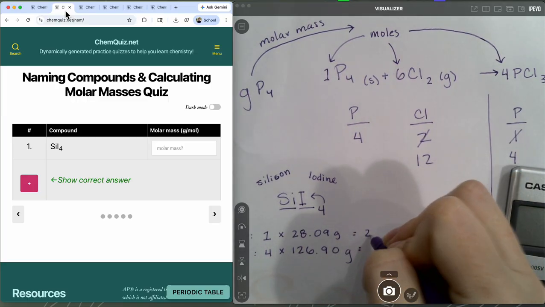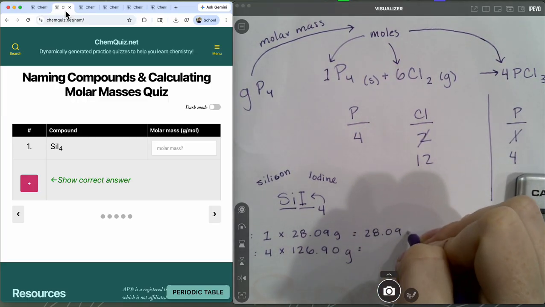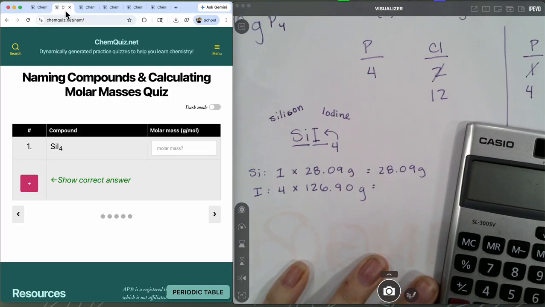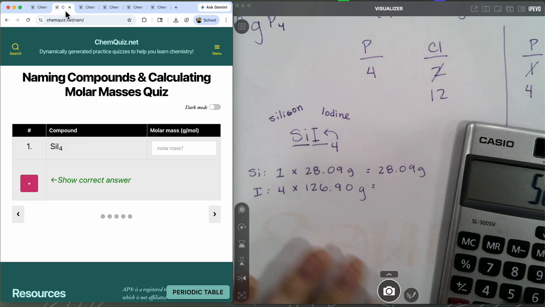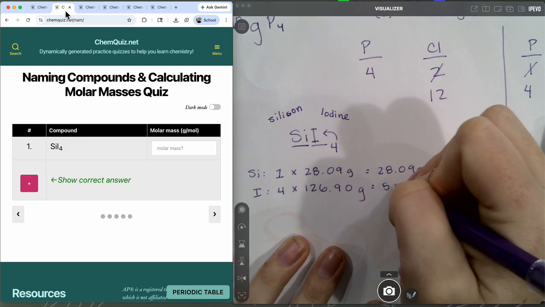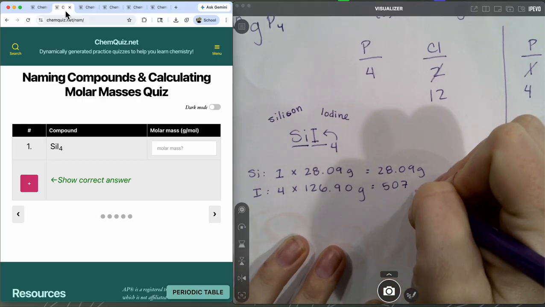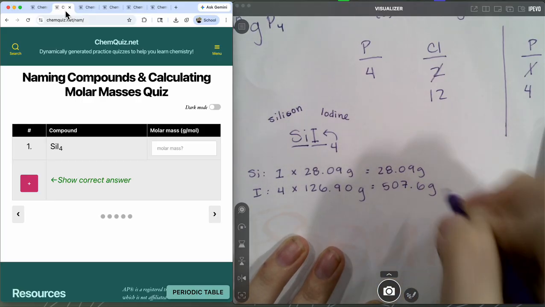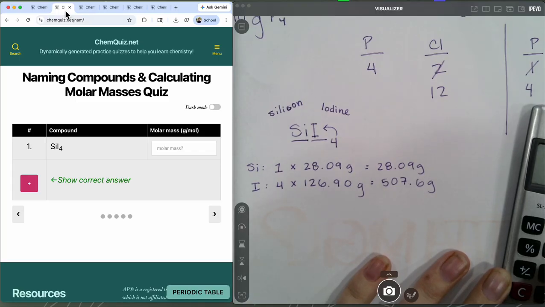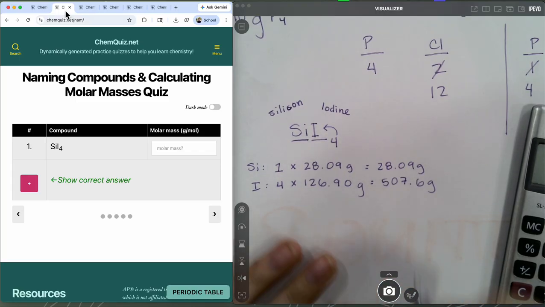So this would be 28.09 grams because 1 times anything is the thing itself. And then down here, we're going to do 4 times 126.90. When I was in school, my dyslexia was so bad I had to do every single math problem twice just to make sure I hadn't typed something wrong. But it means I got really fast with a calculator, so that's great.